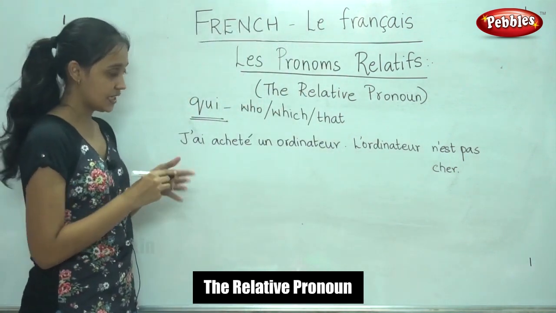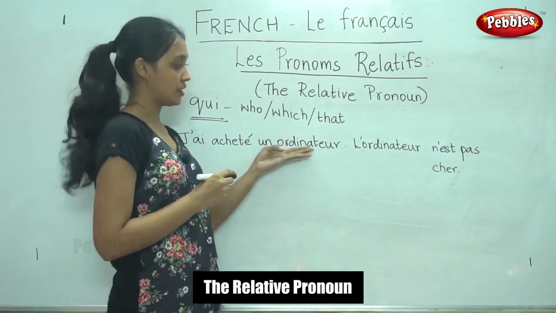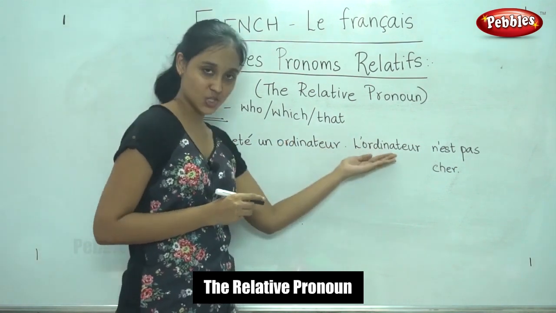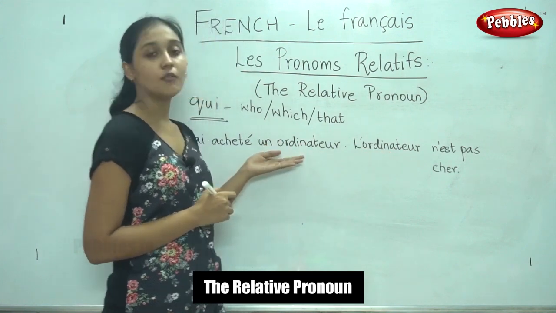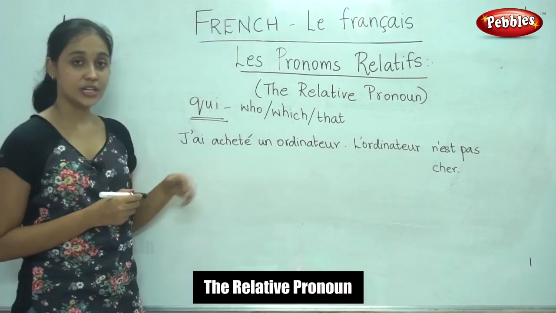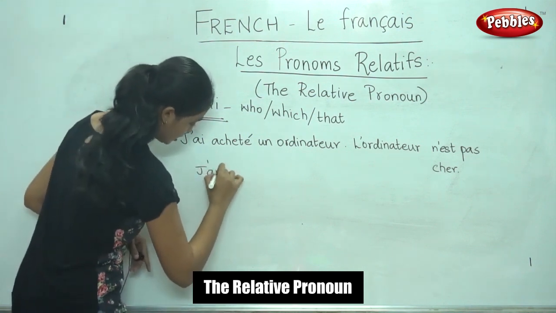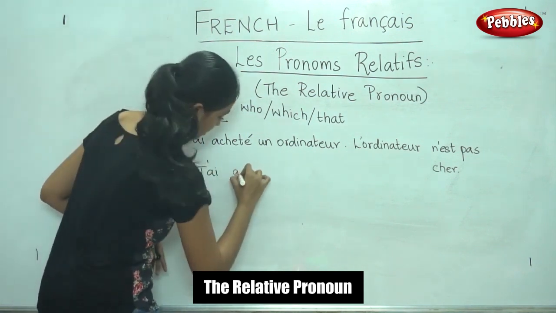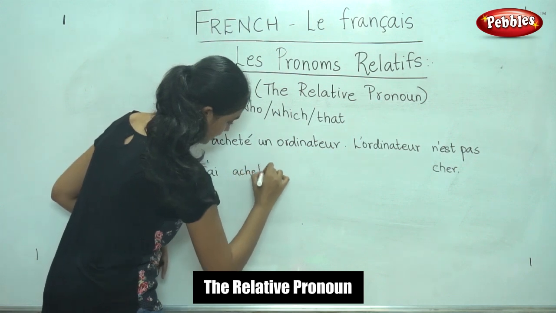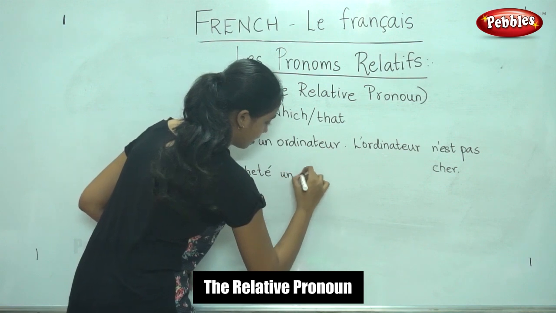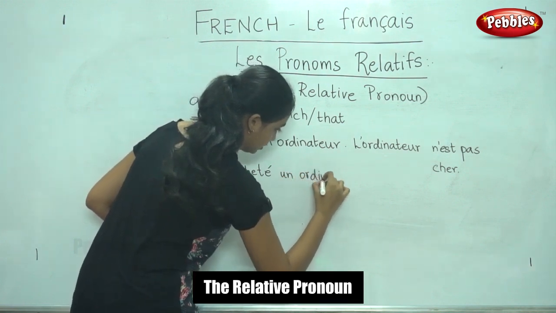Now you see the use of the word ordinateur again. So when we join these two sentences, we want to avoid using the same word again. So what would we write? J'ai acheté un ordinateur.